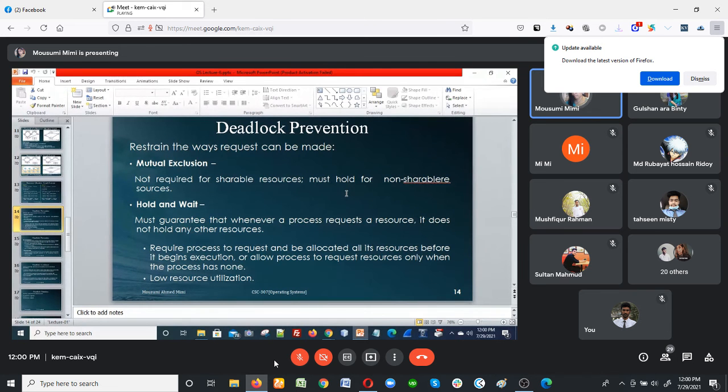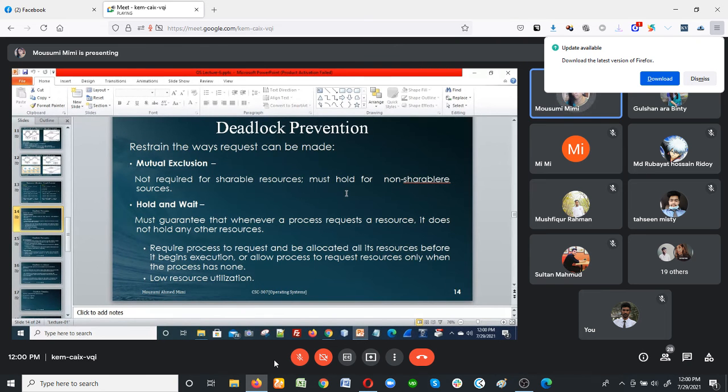The second characteristic, or second option, is hold and wait. Hold and wait is also related to our mutual exclusion. You and your friend went to the library to read the same book, and there is only one book available. So you do the mutual exclusion and let your friend read that specific book.